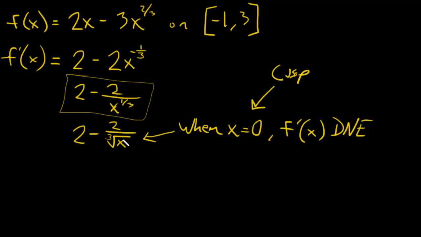That occurs when you try to divide by 0. That is a cusp. But when I want to find where the mins and maxes are, I'm going to set the derivative equal to 0 and solve. Totally different things. First one, I'm looking to see where the derivative does not exist. Second one, I'm going to set it equal to 0 and solve.